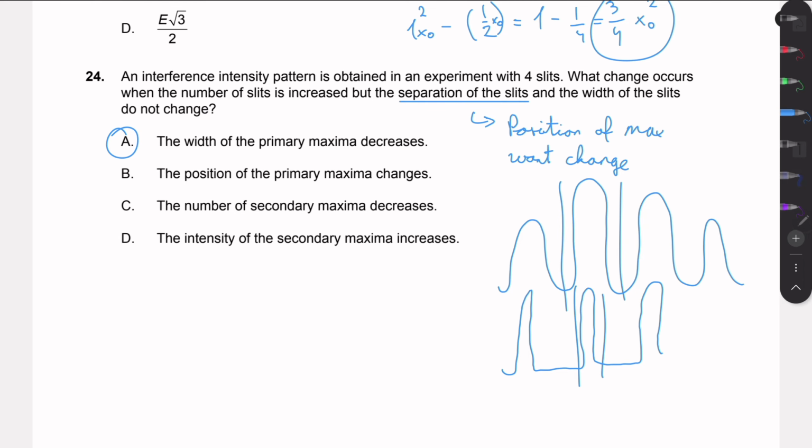So the width decreases, the position does not change as the separation of the slits remains the same. Number of secondary maxima decreases, that's also not correct. And the intensity will also not really change here, as it's technically modulated by a single slit diffraction pattern, so that cannot change either.